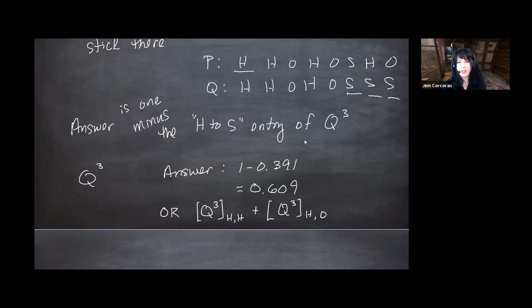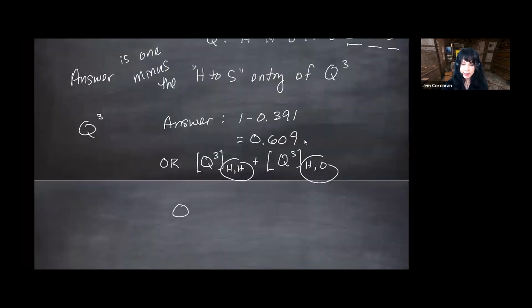That's what that notation is trying to say. So I don't want the subscripts to be in there before it's cubed. So this is me trying to say I've cubed the matrix and I've grabbed the happy-happy entry and the happy-okay entry. And I want either of those to happen. And the 3 of these guys, I'll cut and paste, not gonna be worth it. So the 3 of these guys, starting happy, he has to do one of these things after 3 steps. So these probabilities will add up to 1.